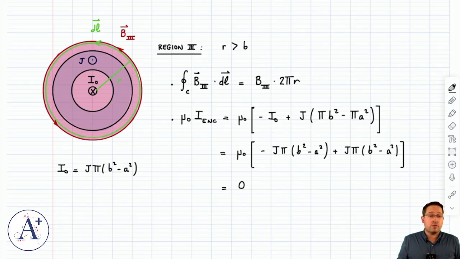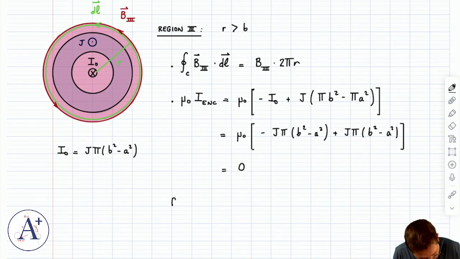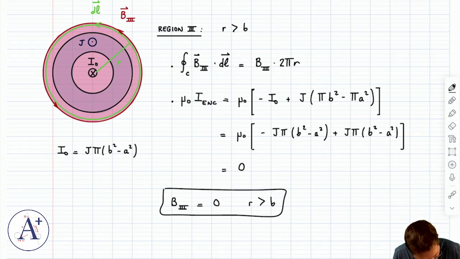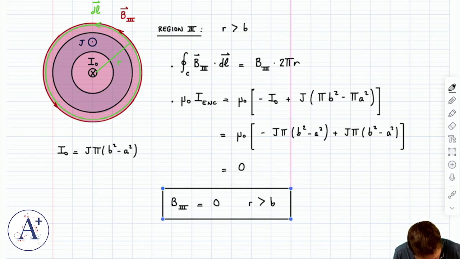So in total, I have the exact same amount of current flowing into the page as out of the page. And so my conclusion is that B3 is going to be 0 for r greater than b. And probably could not have guessed that ahead of time.